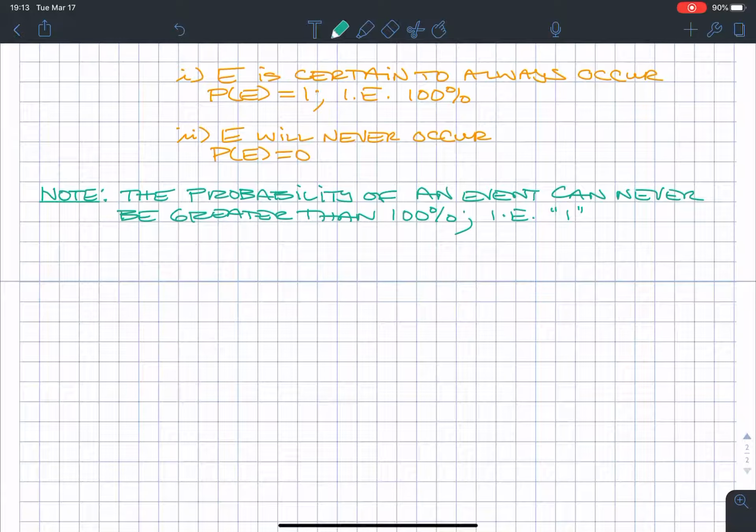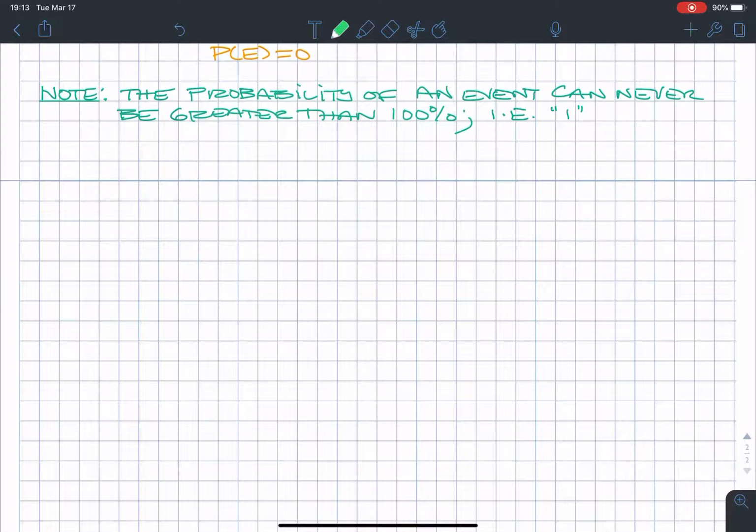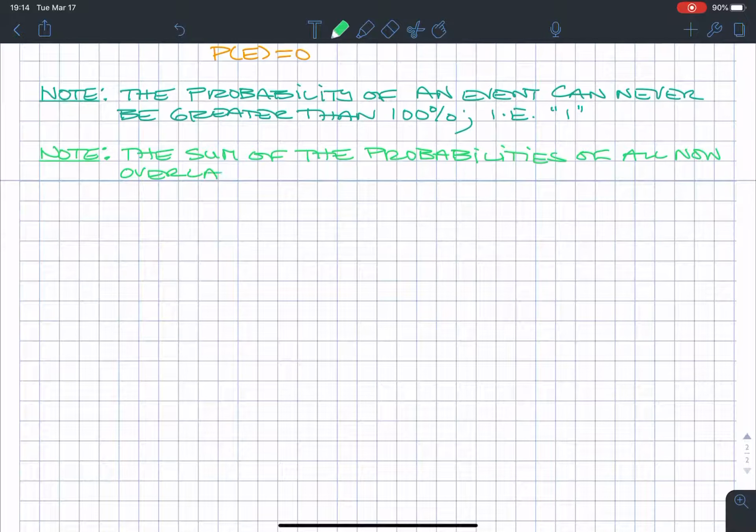So pardon the cat. Let's also note the sum of the probabilities of all non-overlapping events is 1.